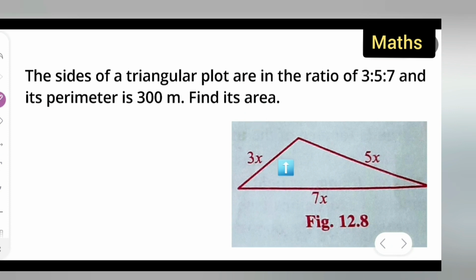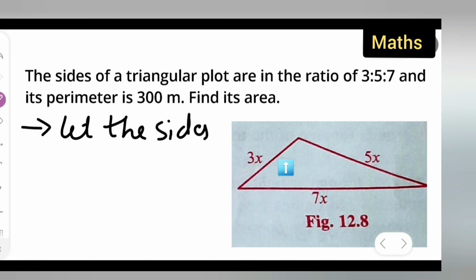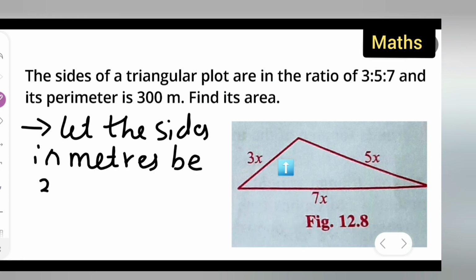Okay, so first what we are going to see is, let the sides in meters be 3x, 5x and 7x.